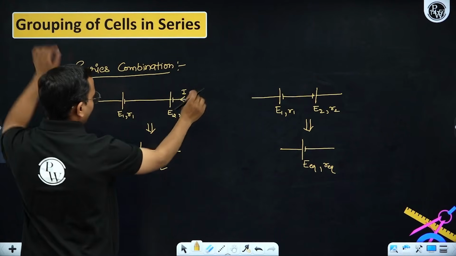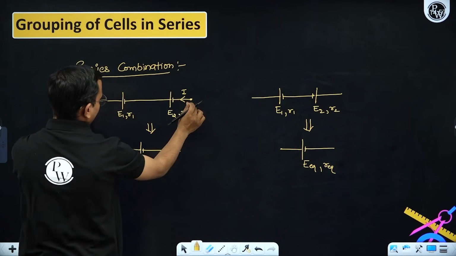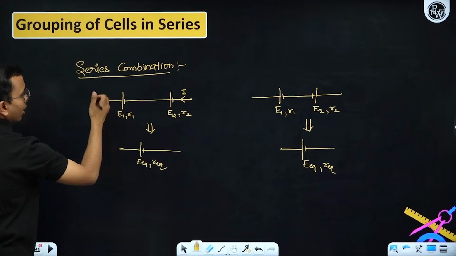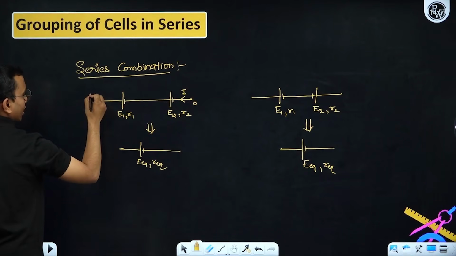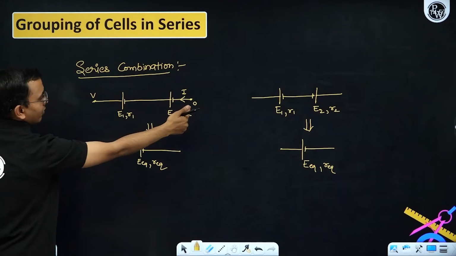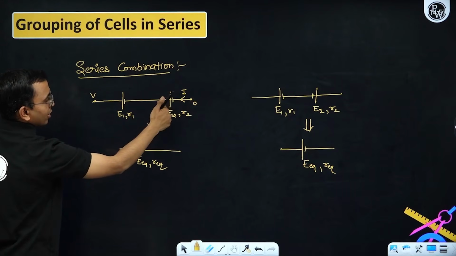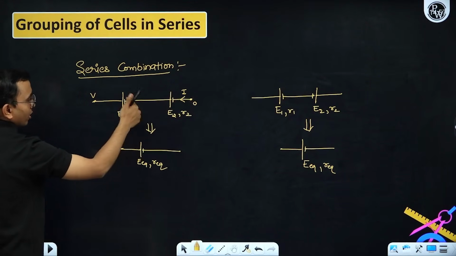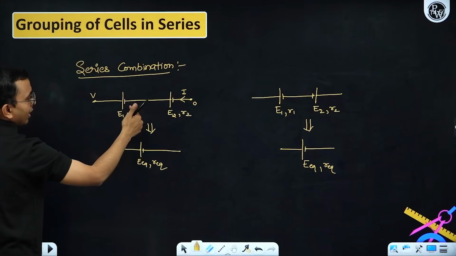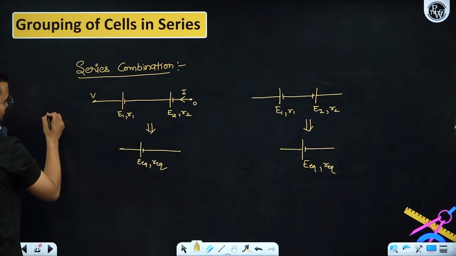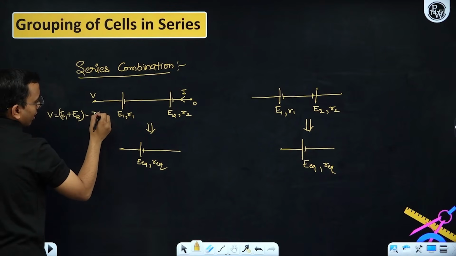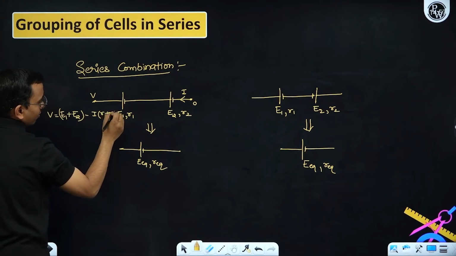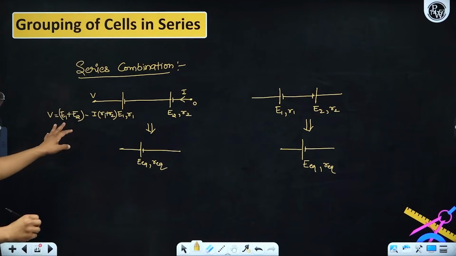If I write the potential across these 2 points, I'm considering this as my reference 0, and this you can consider V. So from there if I write, it will become plus E2 minus I into R2, plus E1 minus I into R1, and that is equals to V. So V will become basically E1 plus E2 minus I into R1 plus R2.